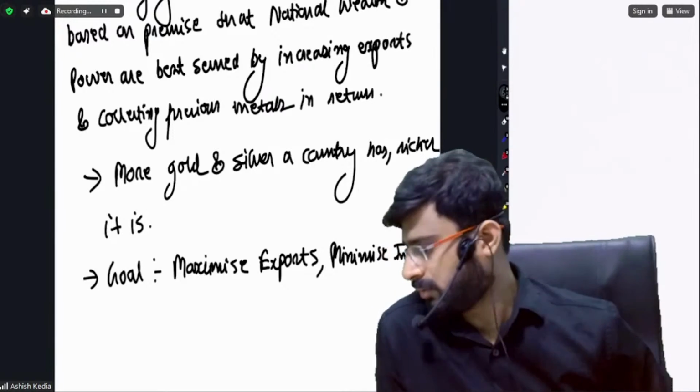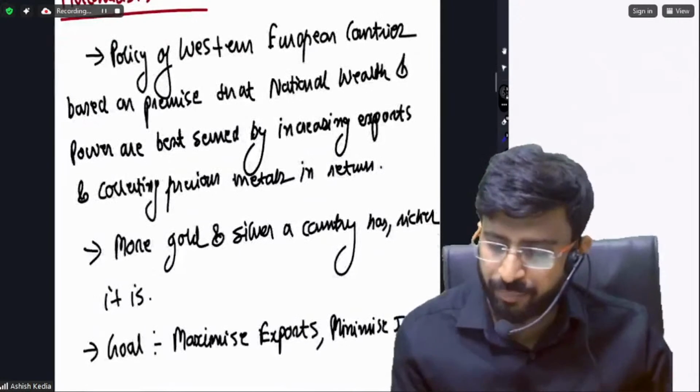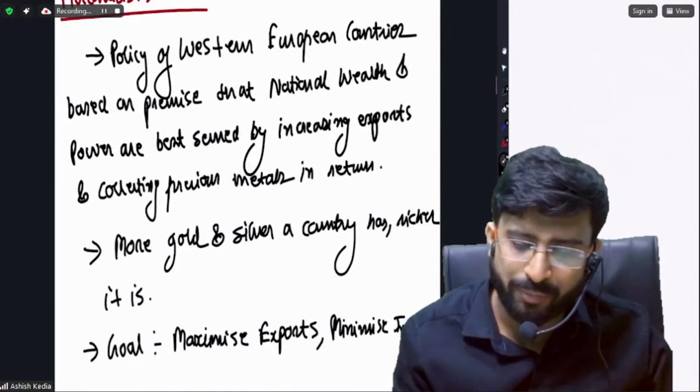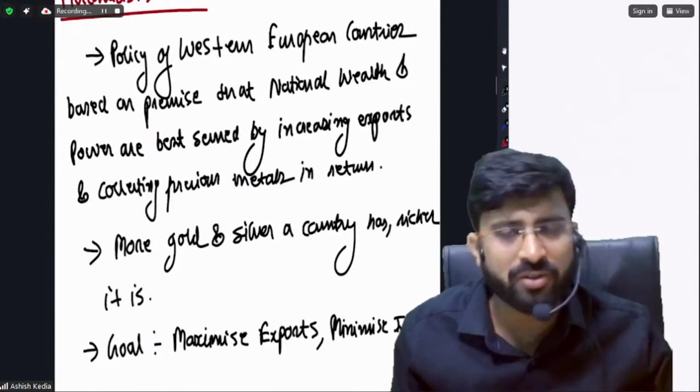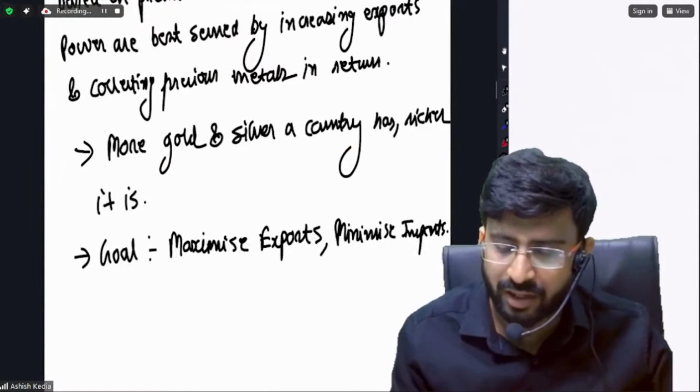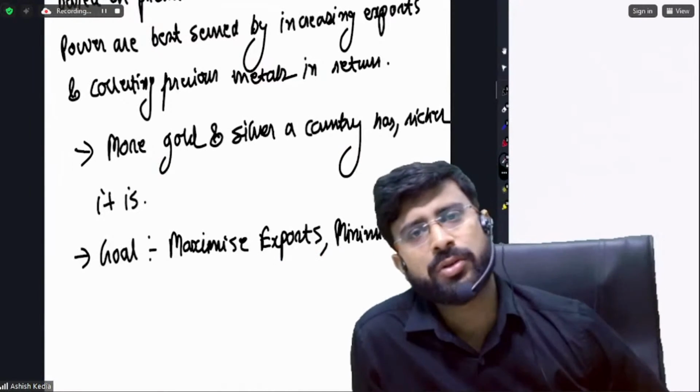That should be the goal. So it's a policy of West European countries based on premise that national wealth and power are best served by increasing exports and collecting precious metals in return. The more gold and silver a country has, the richer it is. The goal should be maximize exports, minimize imports.